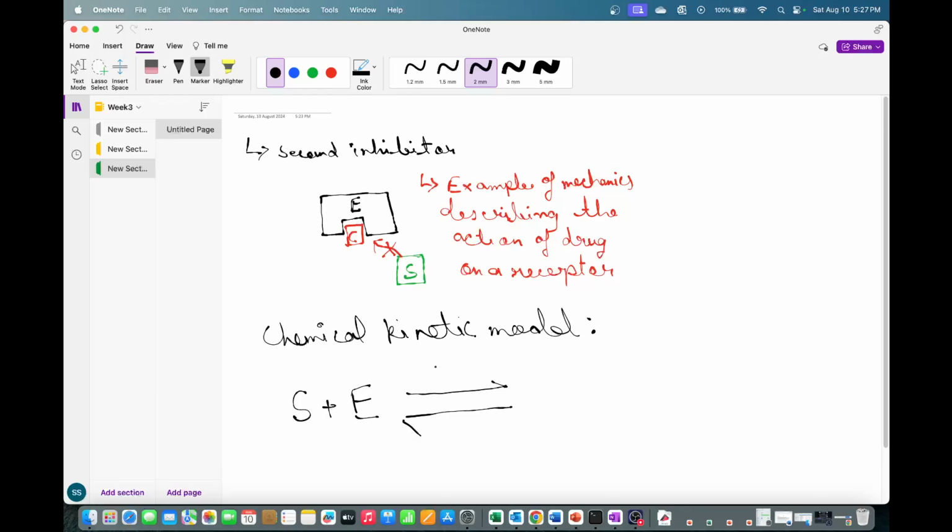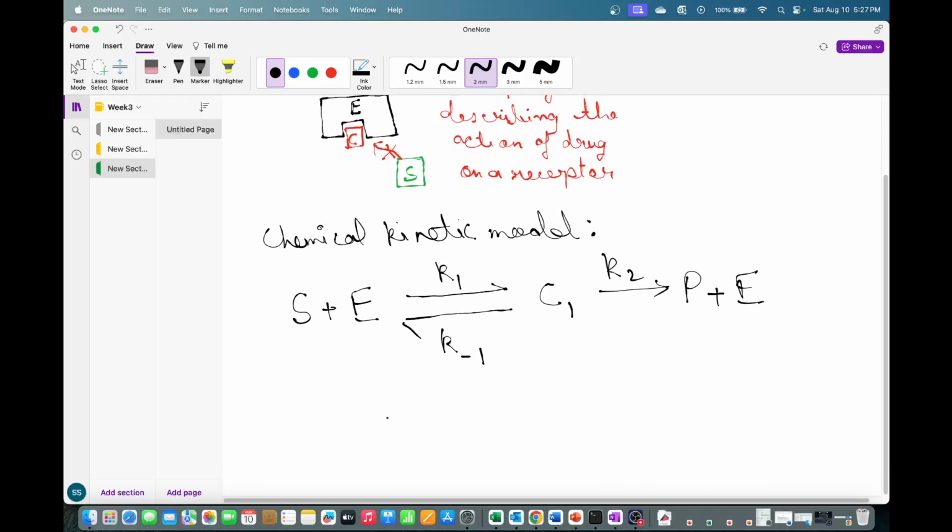There will be a forward rate associated, let's call it K1, and a reverse rate, let's call it K minus 1, and an enzyme-substrate complex will form. I'm naming it C1, which will break down with another reaction rate. This is an irreversible reaction, so it only goes to one side, giving you the product and the enzyme.